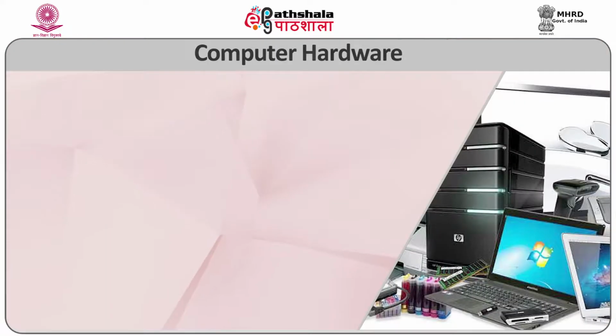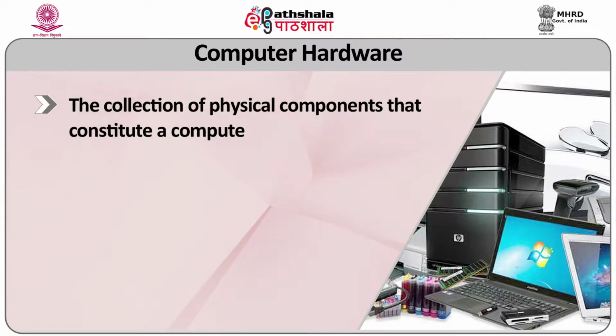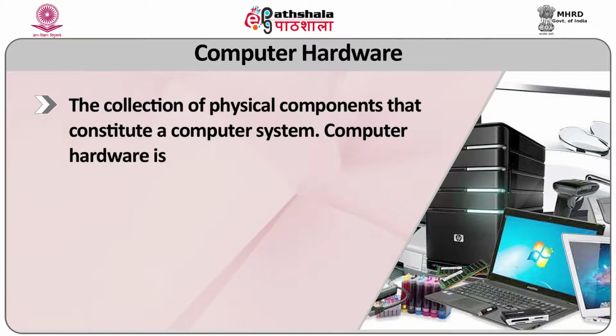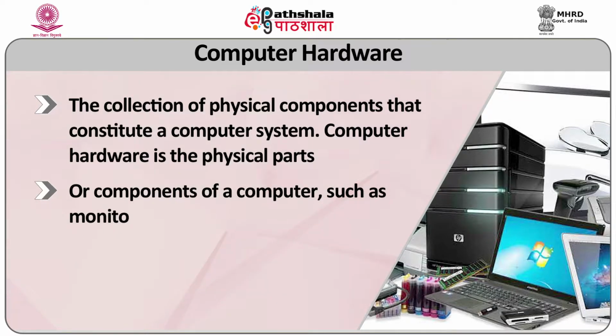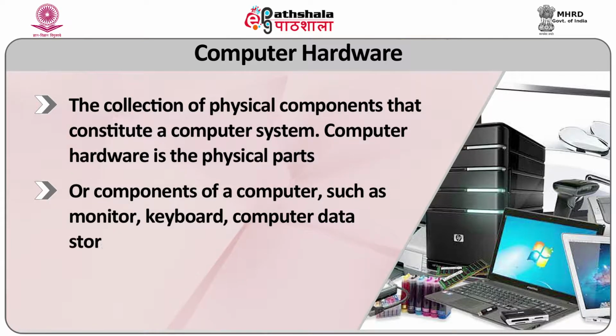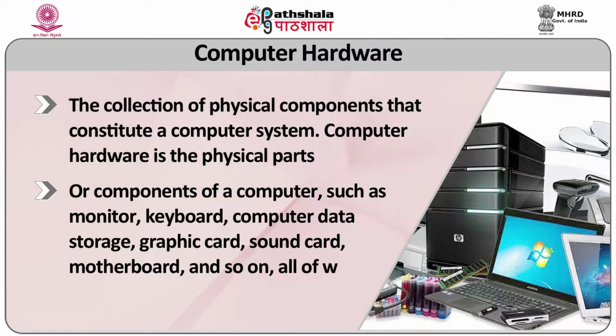Computer hardware is the collection of physical components that constitute a computer. Computer hardware is the physical parts or components of a computer such as monitor, keyboard, computer data storage, graphic card, sound card, motherboard, and so on, all of which are tangible objects.